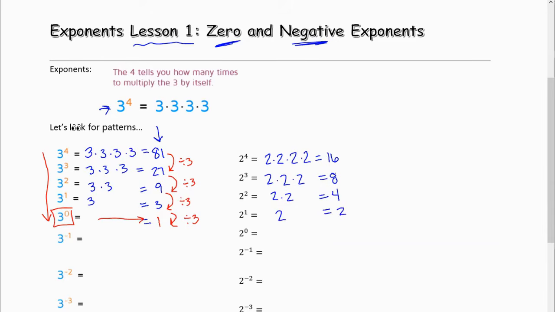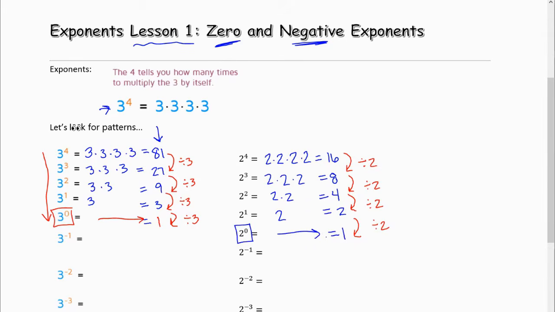So it looks like that pattern is extending even into our bases of 2. So here we divide by 2, we divide by 2 again, and we divide by 2 again. If we wanted to keep going, we would just divide by 2 again, and that gives us a value of 1. So I got a 1 in this table as well.